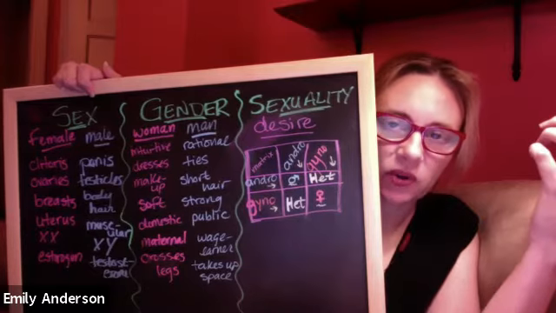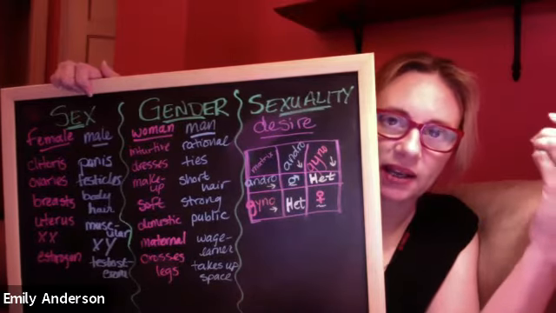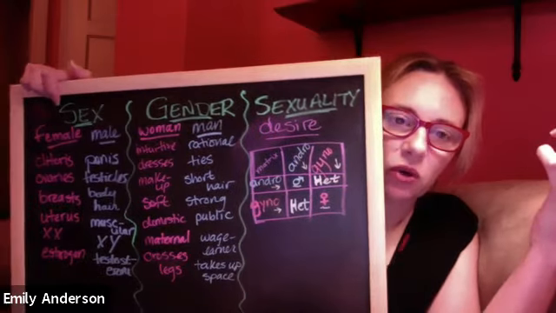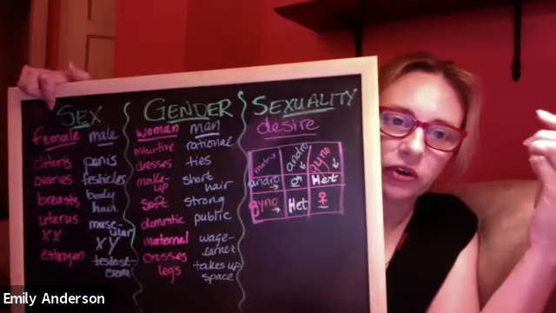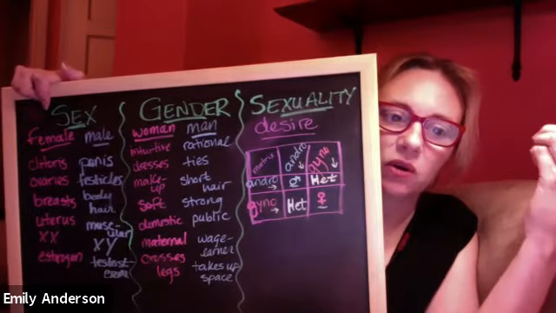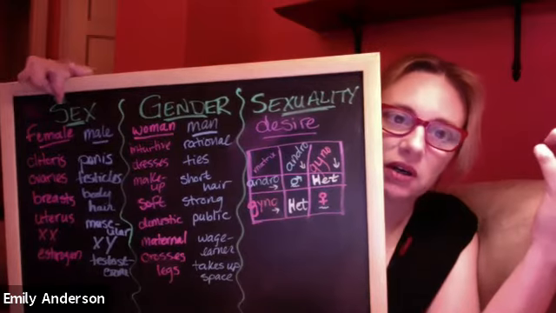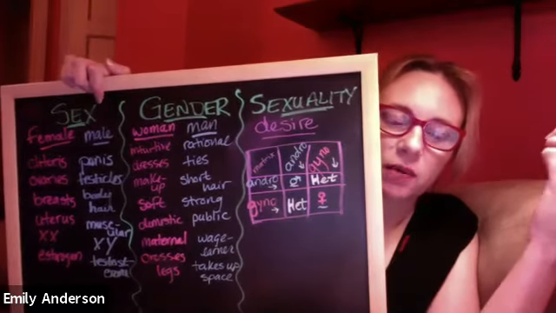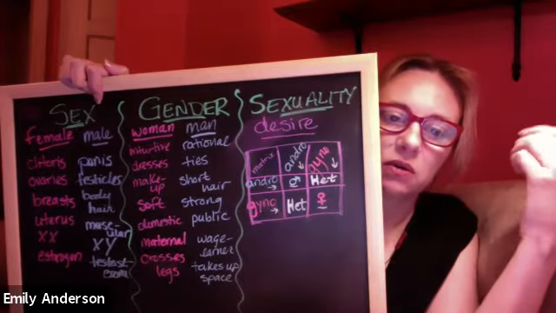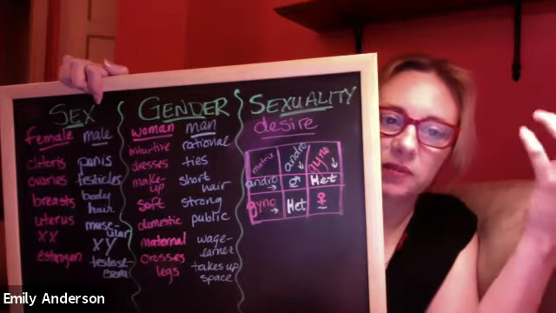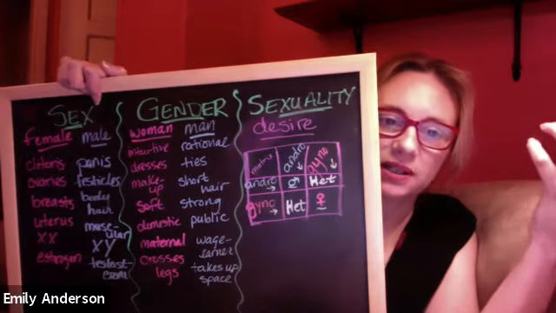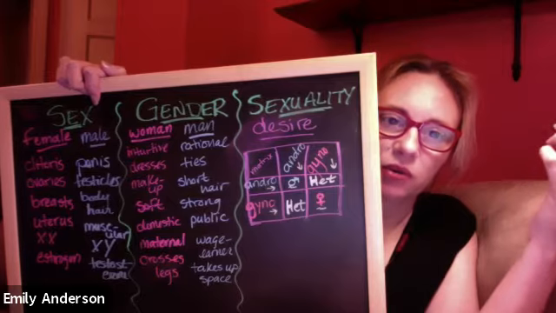For example, unless you've had a full body scan and a full workup, you don't know whether your ovaries are functioning. You don't know what your hormone level is like or what your chromosomes are. Same over here. You probably don't know what your chromosomes are, or depending on whether your testicles are functioning, maybe they're undescended, what your hormone level is.